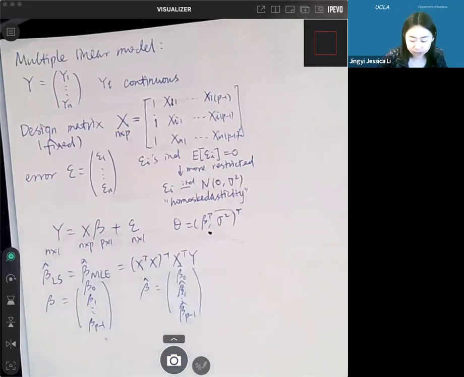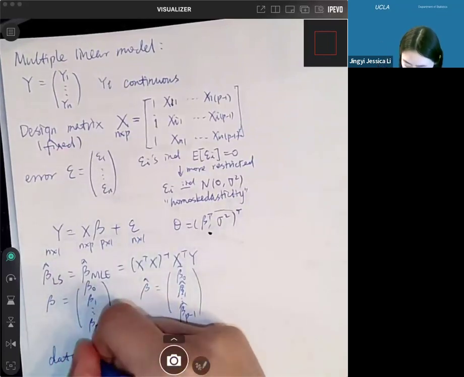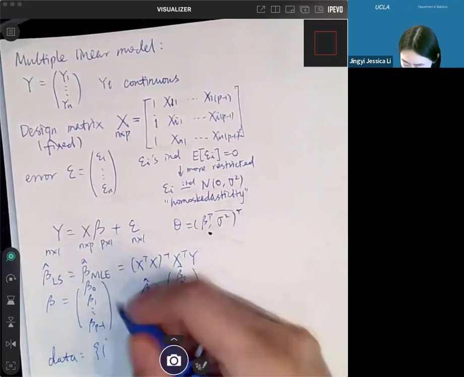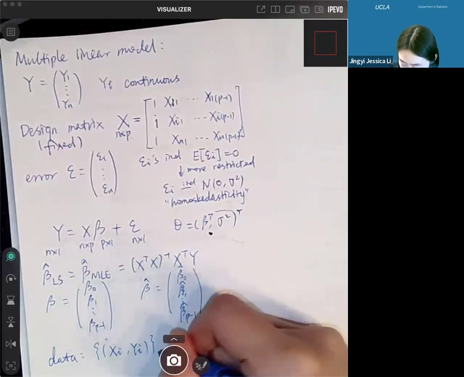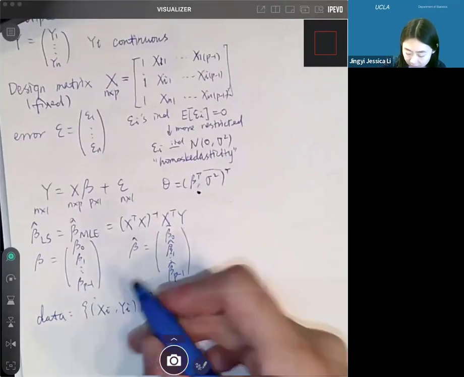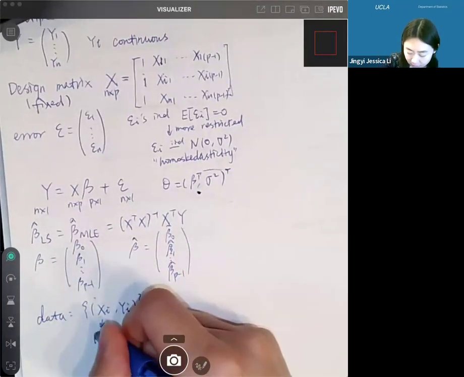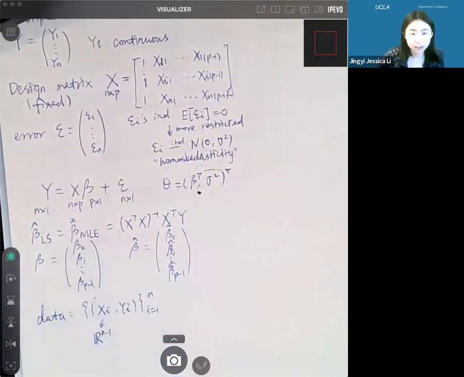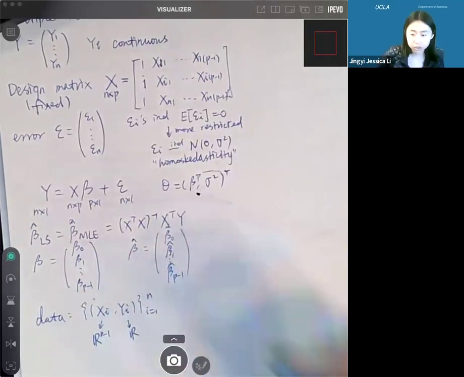It's a function of your data, which I wrote last time, xi, yi, i from 1 to n. Okay, that's the data. So in this setting, our xi is p minus 1 dimensional, containing the p minus 1 predictors. Yi is a one-dimensional scalar.